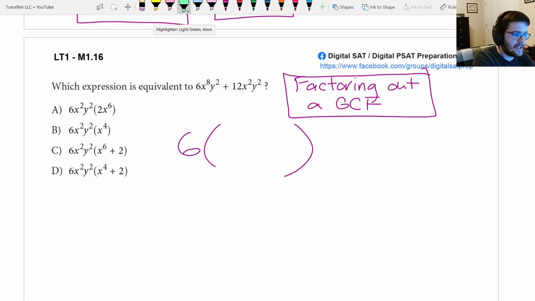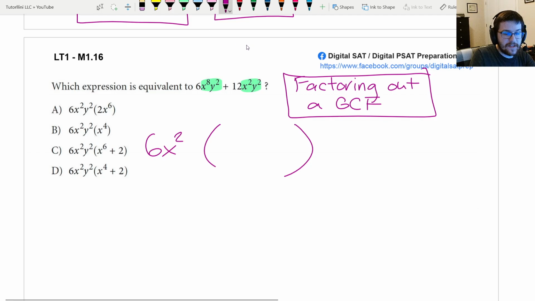And now we look at the letters to see what kind of letters they have in common. So they both have x's, and the highest power of x that they both have is 2. So we're going to pull out x to the 2, and they both have y's, and the highest power of y that they both have is 2.